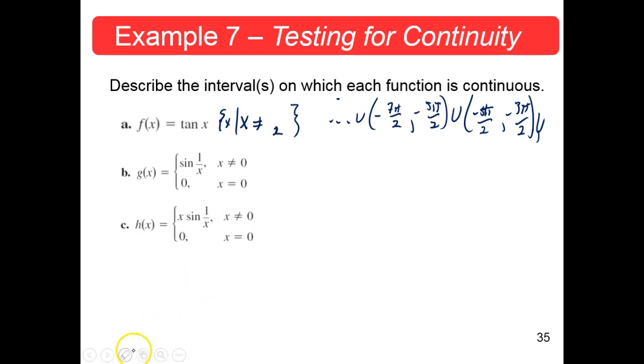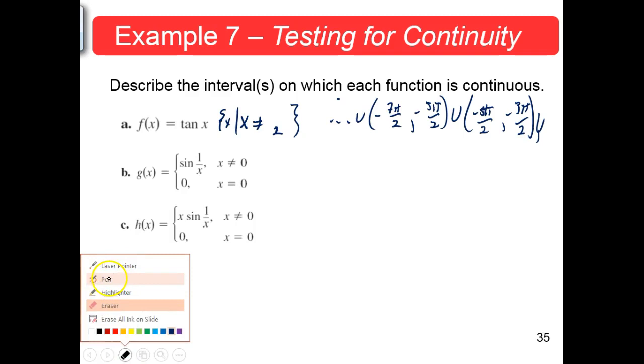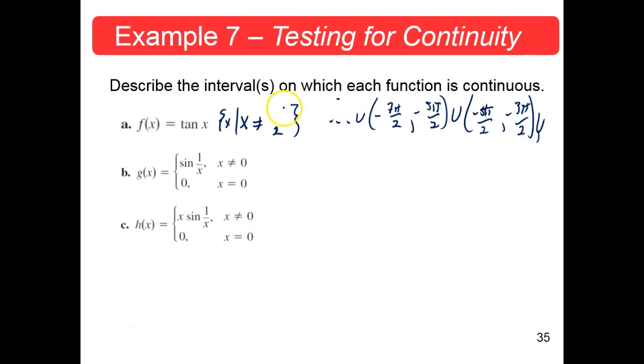Those are not necessarily odds. N could be even, and that would be a whole pi then. So you say 2n plus 1 pi over 2. That way it's always odd, right? Any n you put in there, there's always going to be an odd number. Sorry about that. I don't know if you meant to catch me on that, but I'm glad you did.